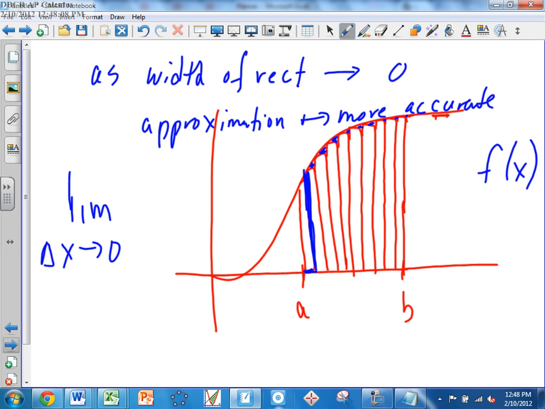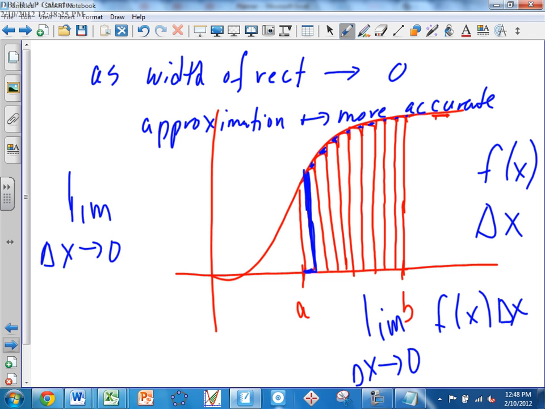The width of the function is delta x. So if you ever want to figure out the height times the base, take these two and multiply them, write it like this. And if you could figure out the limit of this as delta x goes to 0, you'll be able to find out the exact area.